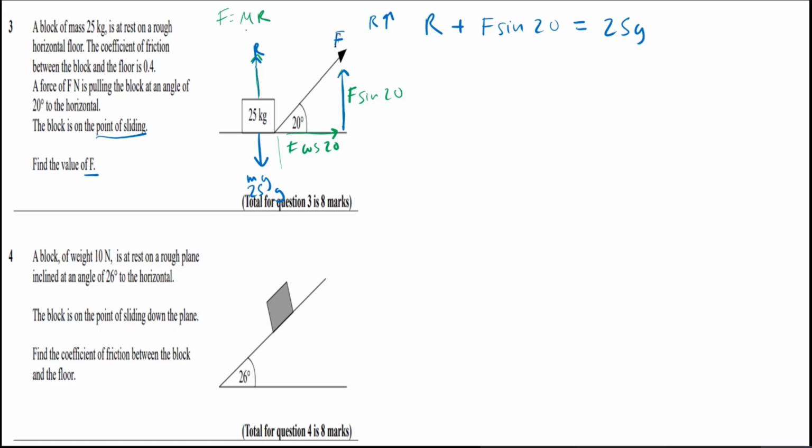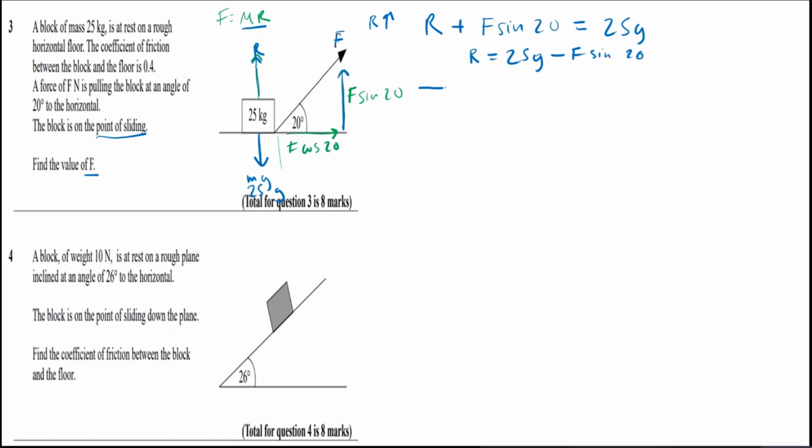Now, because of F equals mu R, we want to get this in terms of R. Or we could perhaps leave it like that for now. I'm just going to leave it like that for now, actually. But let's just do it just in case. 25g minus F sine 20, because we do need to find what F is.